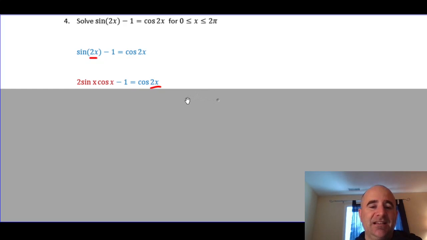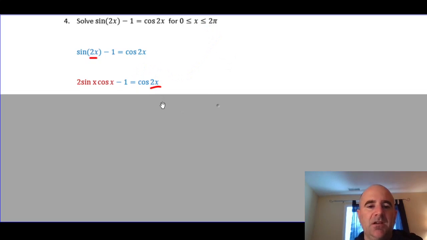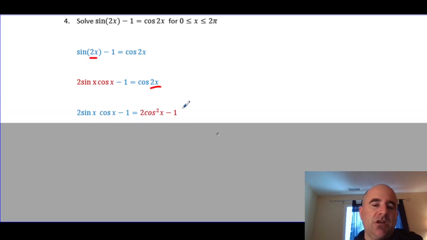I think I would avoid using cos squared x minus sine squared x. I want to have just one of the identities. And when I say one of the identities, I think it's nicer to have either just cosines or sines. So what I chose to do is use the 2 cos squared x minus 1 as opposed to the identity involving sine, 1 minus 2 sine squared x.